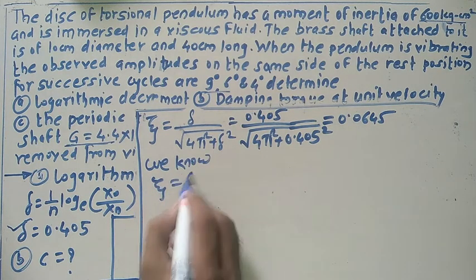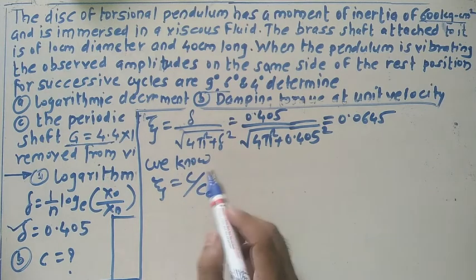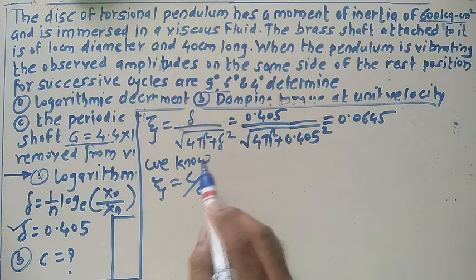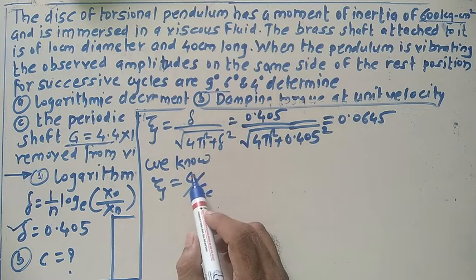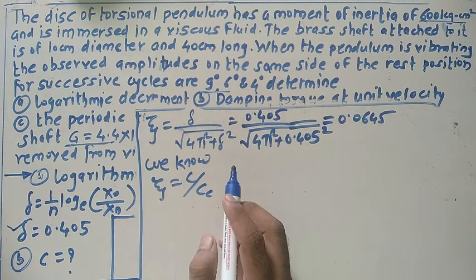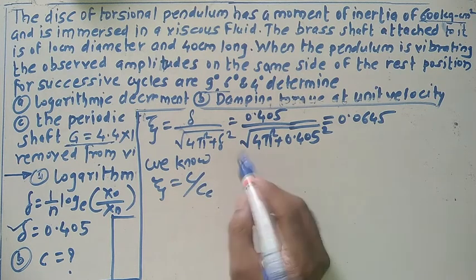Now we know zeta is nothing but C divided by Cc. It is the ratio of the actual damping coefficient to the critical damping coefficient. So what about this C?